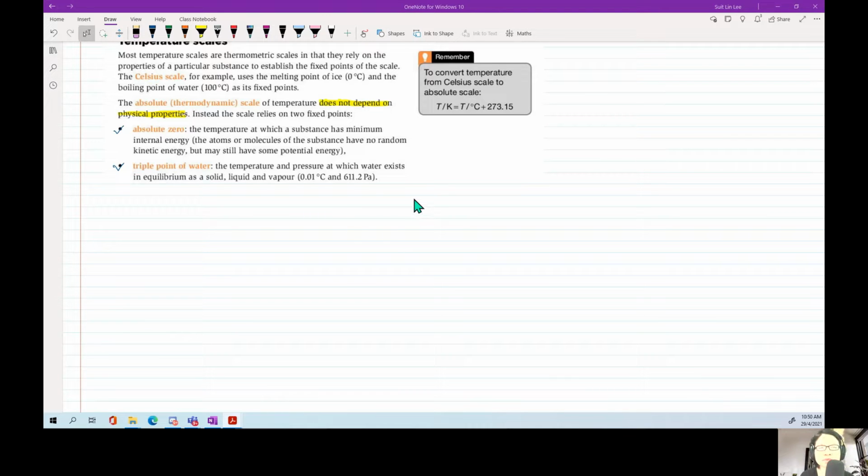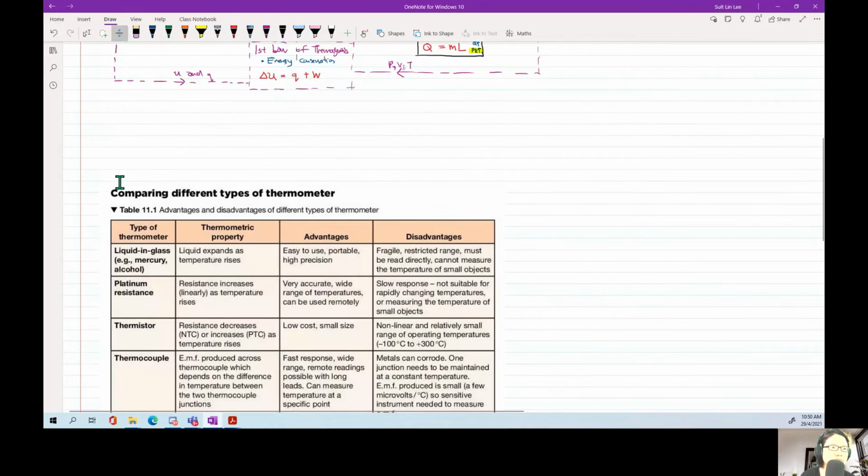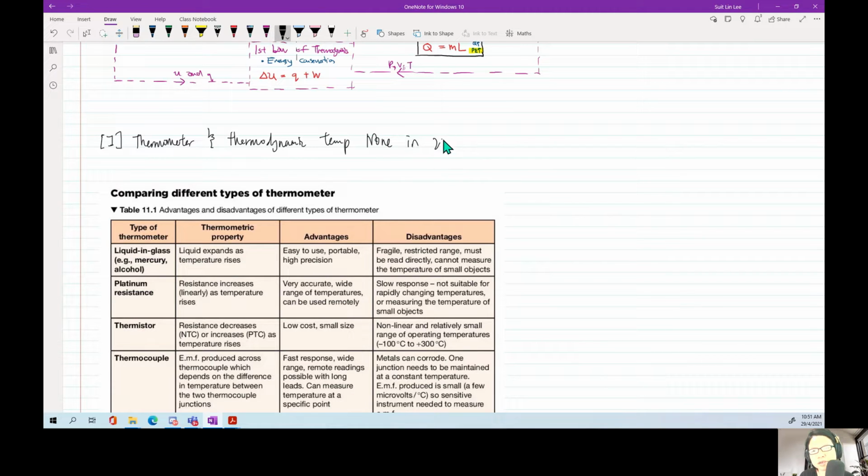I'll put a point here: this first main idea, idea number 1, is about thermometers and thermodynamic temperature. None came out in 2020, Feb March all the way to ON 20.